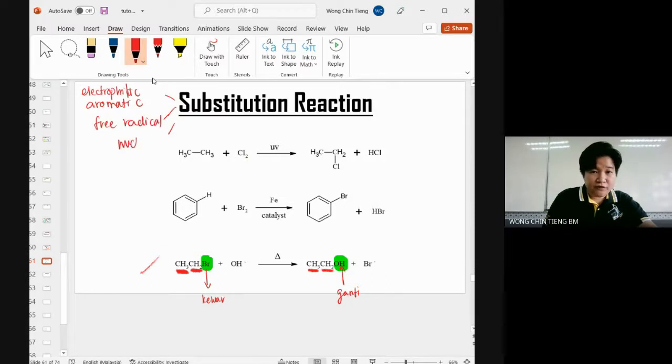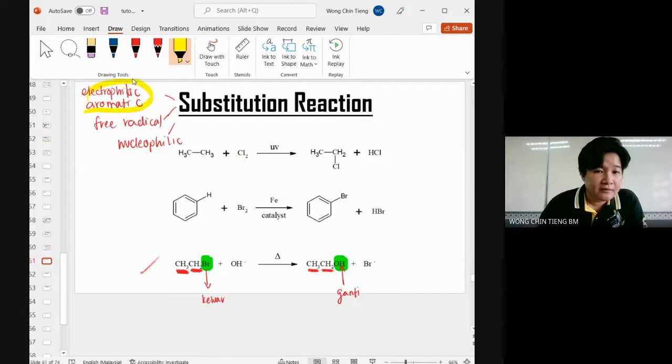Ada nucleophilic substitution. Baca nota kamu akan perasan lah. Okay. Ada tiga. Sama juga, siapa yang akan dapat nama? Always remember, bukan orang yang diubah, adalah orang yang mengubah. Who make the changes? Who is the one that substituting?